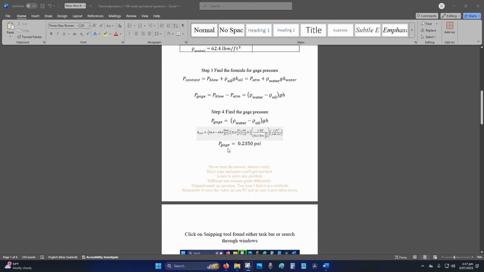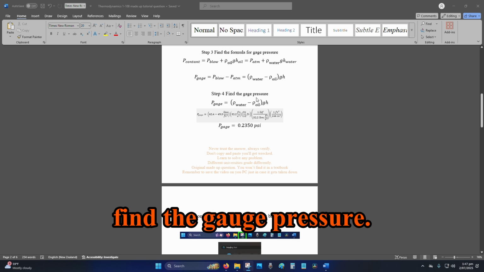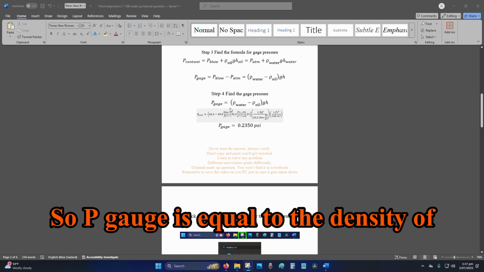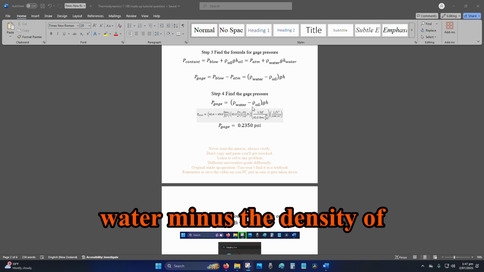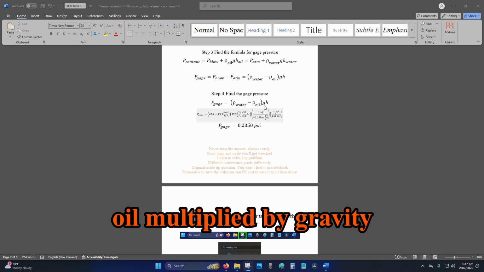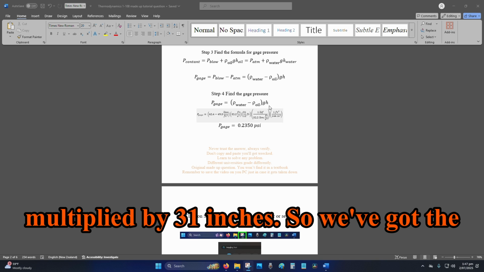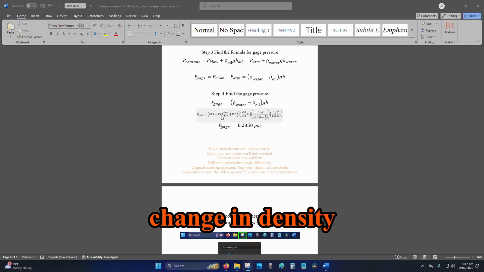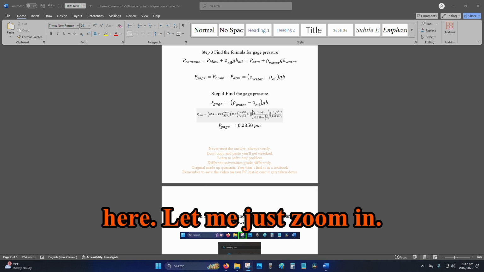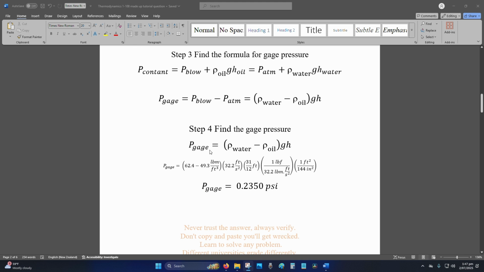So step 4, find the gauge pressure. So P gauge is equal to the density of water minus the density of oil multiplied by gravity multiplied by 31 inches. So we've got the change in density here. Let me just zoom in.